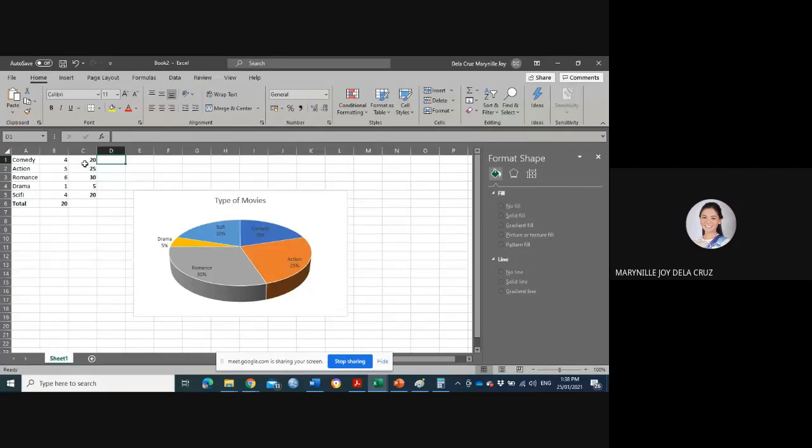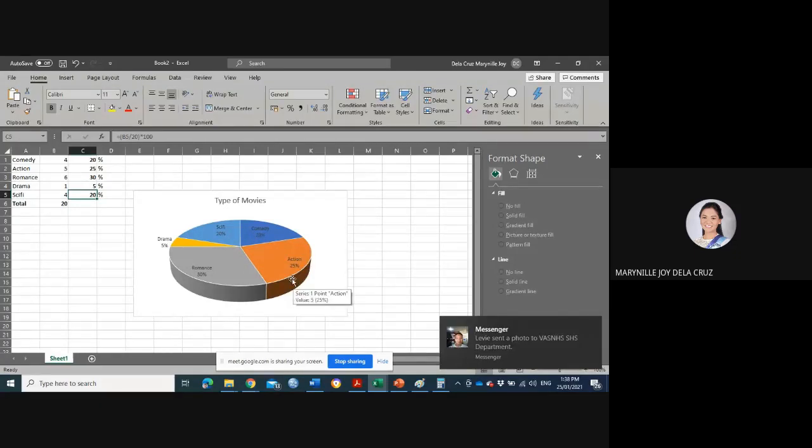Tangkot percentage para hindi ka mabudla. 25% for action, romance for 30, drama for 5%, and 20% for sci-fi. If you can see, in a percentage form, drama is 5%, sci-fi is 20%, comedy is 20%, and action is 25%, and romance is 30%.